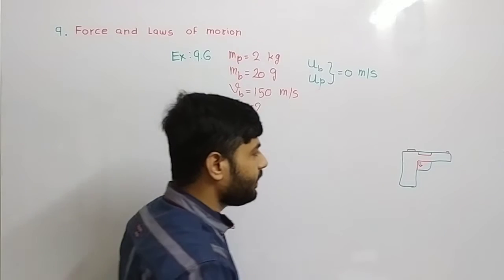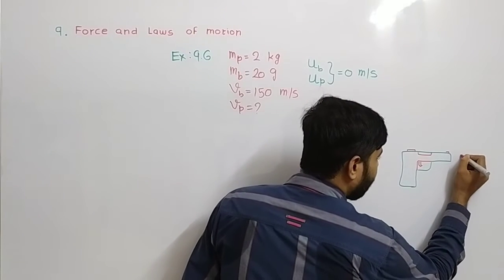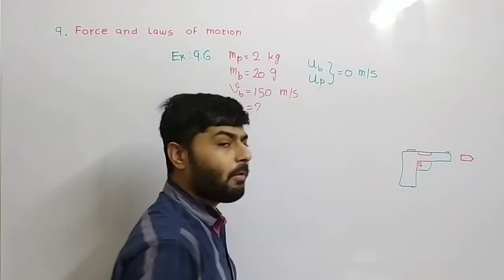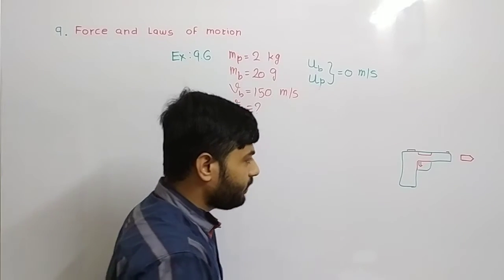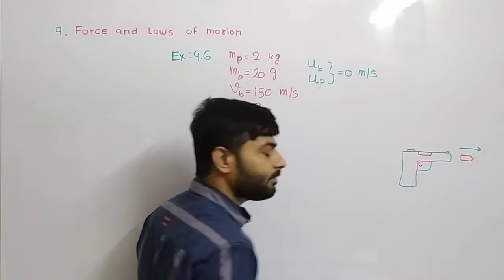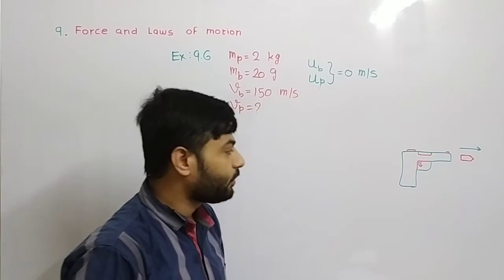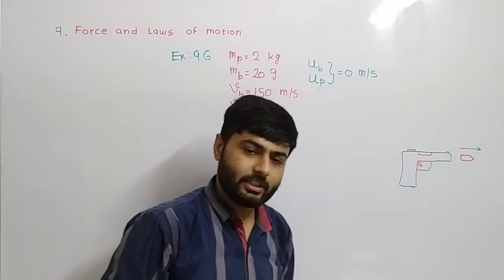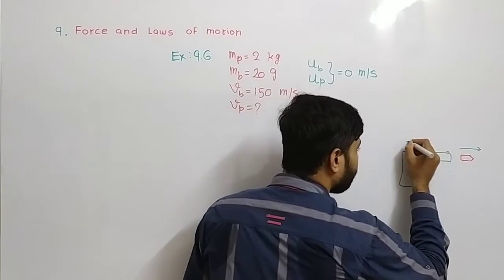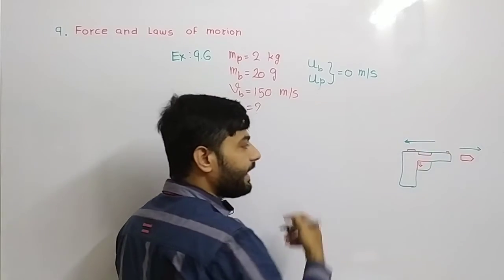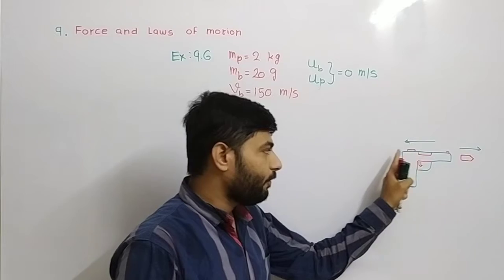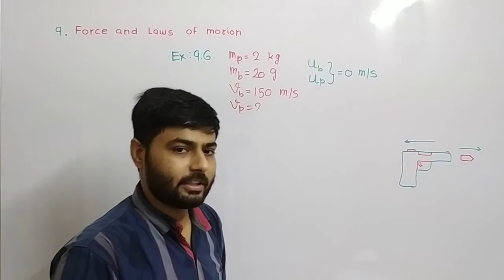Now this bullet is fired. Velocity of the bullet is in this direction, which means the force on the bullet is in this direction. So the recoil force on the pistol will be in the opposite direction, in the backward direction.